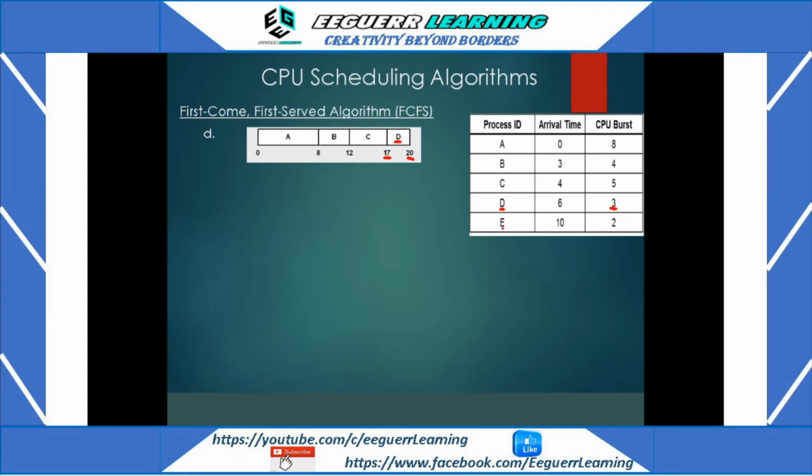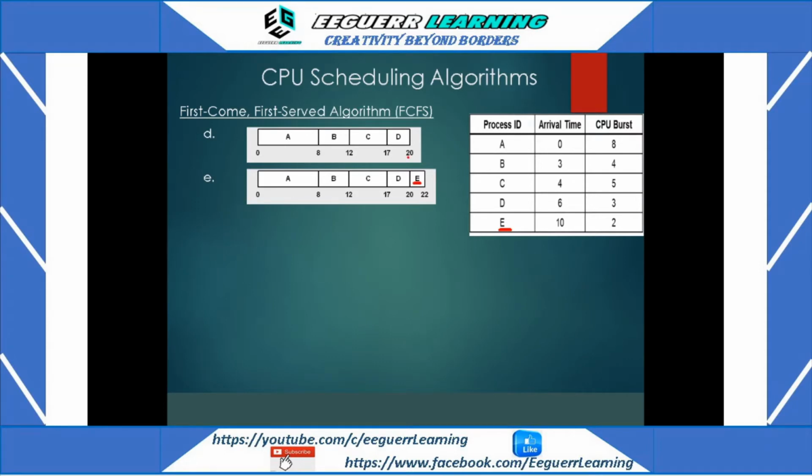Let us now continue to process the last process, E. Let us place process E in our last queue.